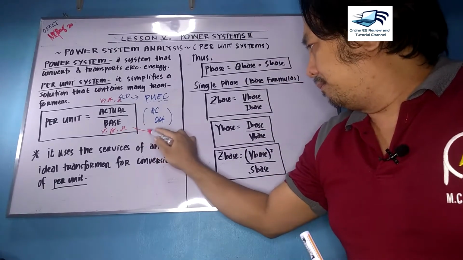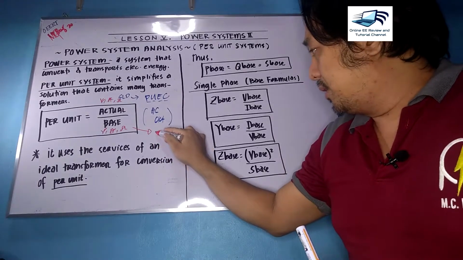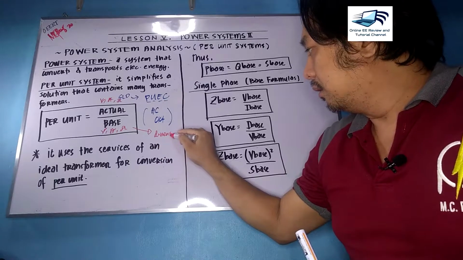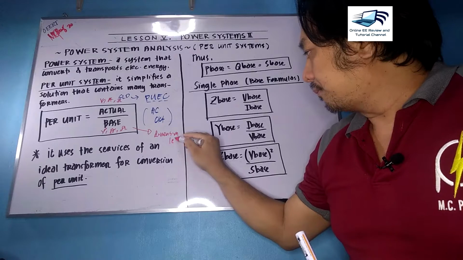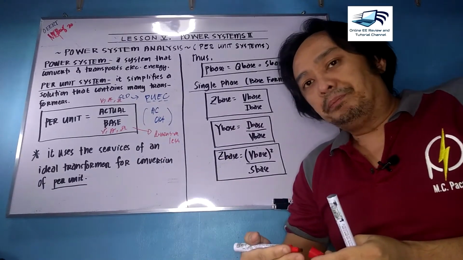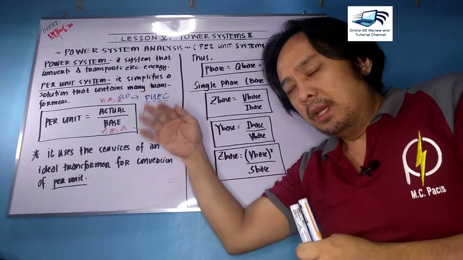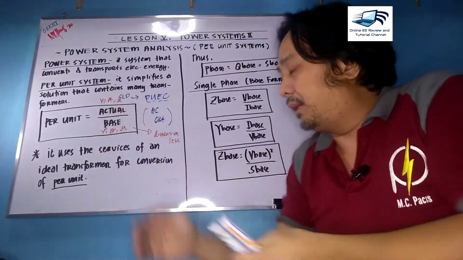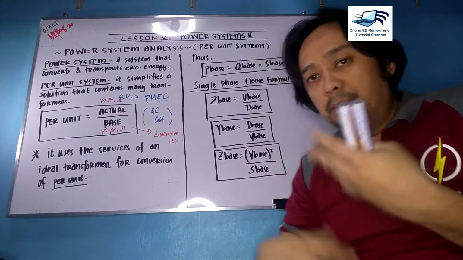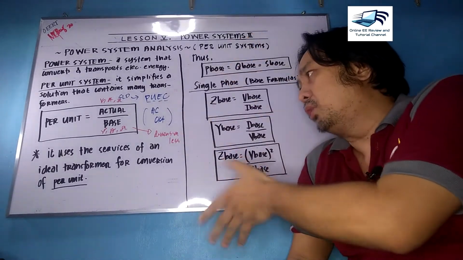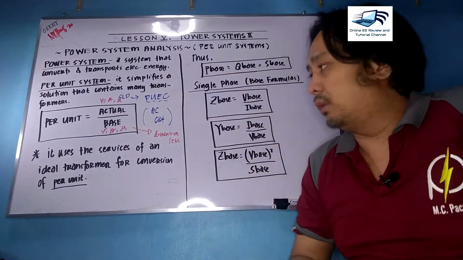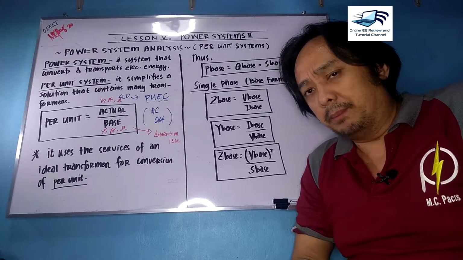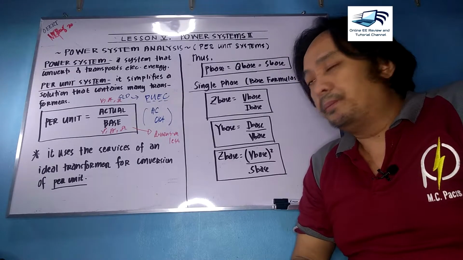The per unit value is dimensionless, so no unit at all. You take the actual, or given, value and divide it by the base. The bases can be computed in every region of the system. We will apply that later in our problem solving on the next lesson.